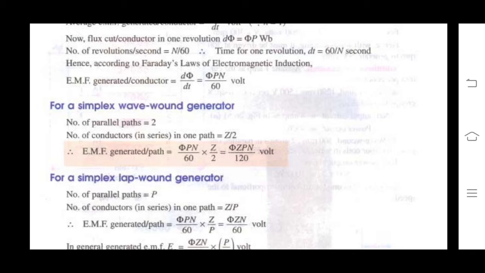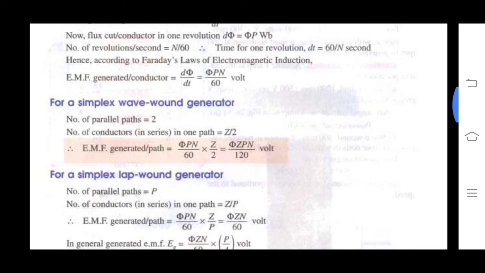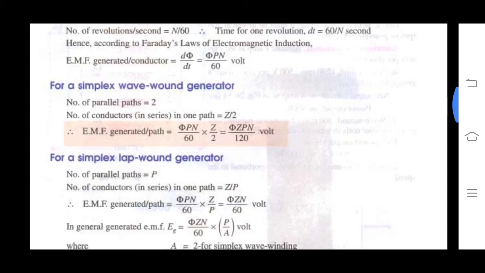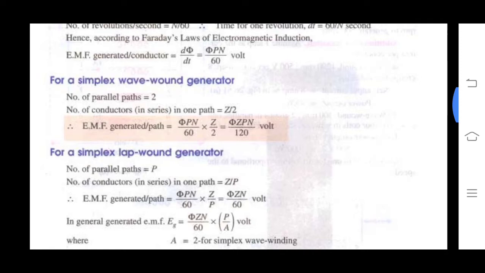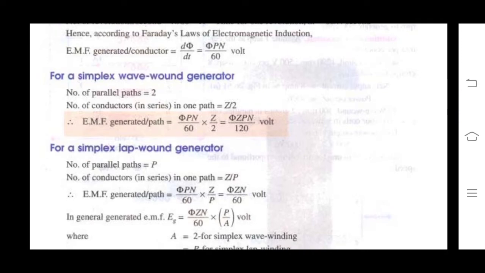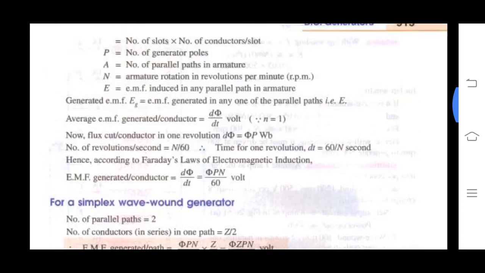Number of revolutions per second equals N by 60. Time for one revolution, dt, equals 60 by N seconds. Hence, according to Faraday's law of electromagnetic induction, EMF generated per conductor equals dΦ by dt, that equals ΦPN by 60 volts.